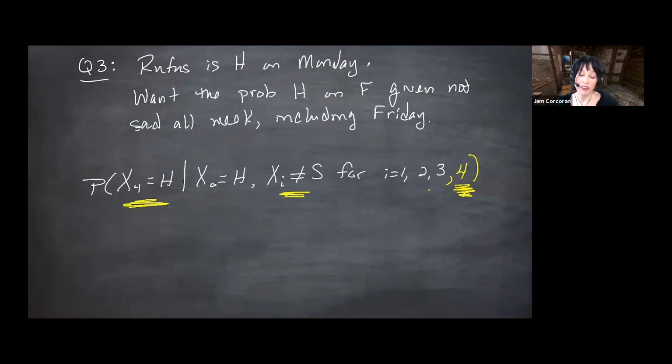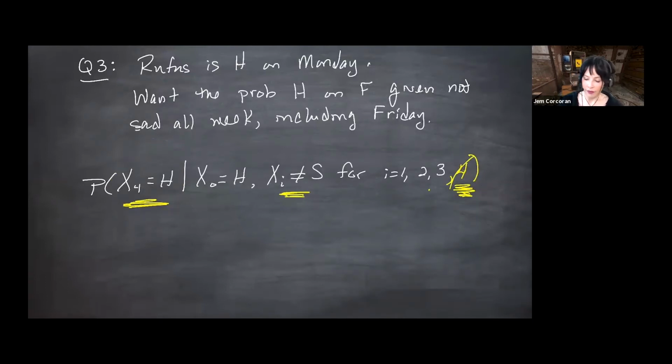So the probability of him being happy is going to be larger than it was before because we've ruled out sadness. A kind of question I like to ask on exams is I like to pose both of these problems and say, which probability would you expect to be larger? If this was not here and we just want the probability of being happy on Friday, that's one thing.